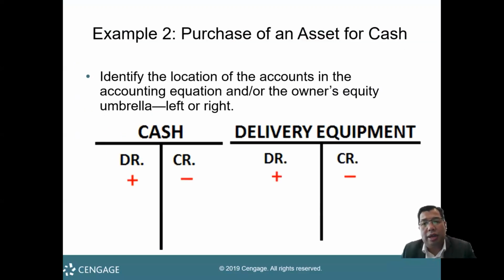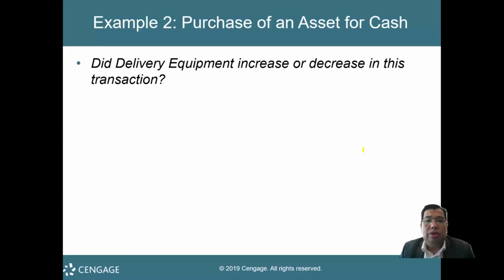Okay, what are the effects? We have to go back to this rule. Debit for asset: debit increase, credit decrease. Same goes for delivery equipment: debit increase, credit decrease. So the question is whether delivery equipment increases or decreases. Before this you didn't have any motor scooter.